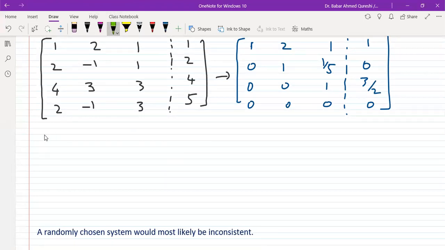Let's look at this example. Again, 3 variables and 4 equations. So 4 rows and 3 columns.